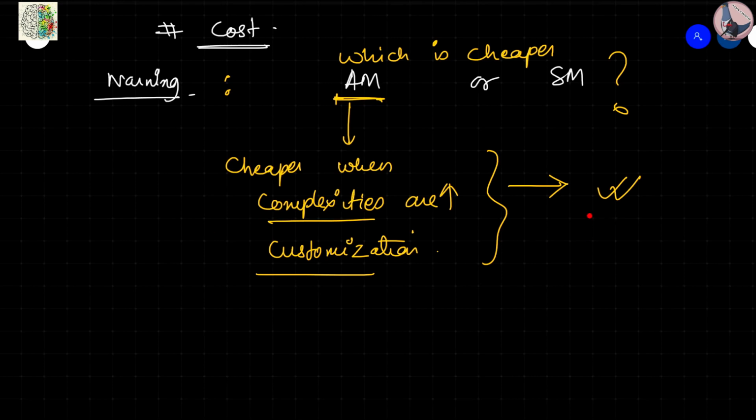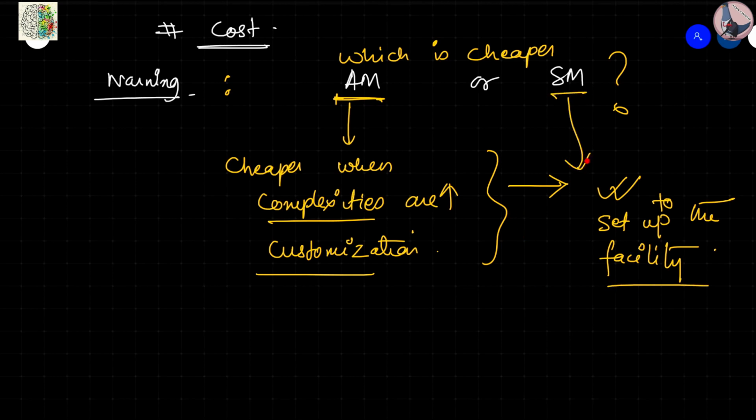In this, the cost is to set up the facility, you have to spend some money. Otherwise, if there is a design and you have already made everything very sequential and very organized, then subtractive manufacturing will be a very good, very economical method for such cases.